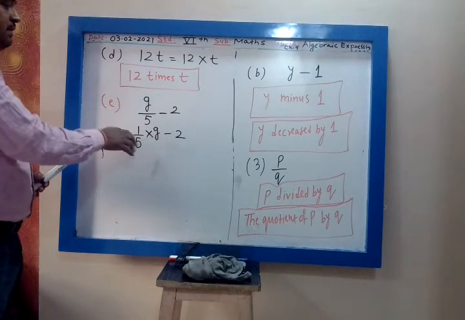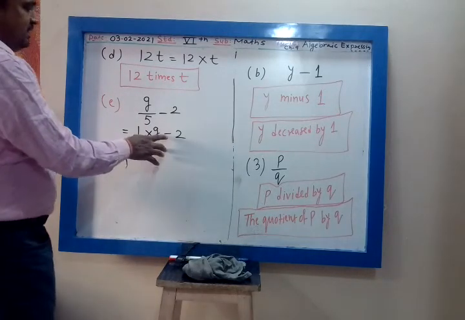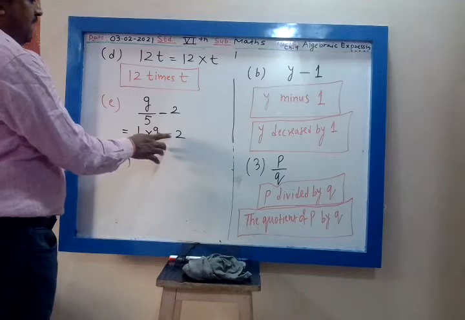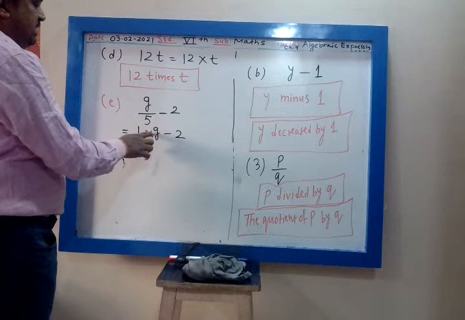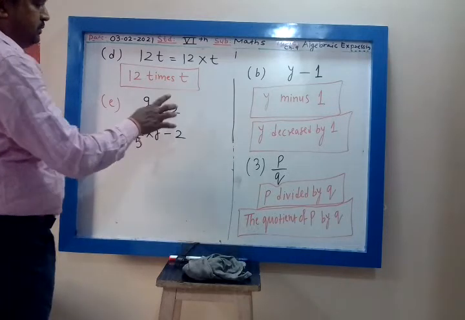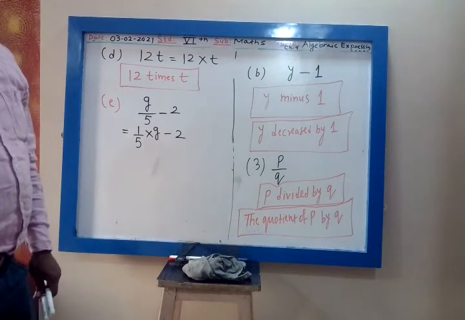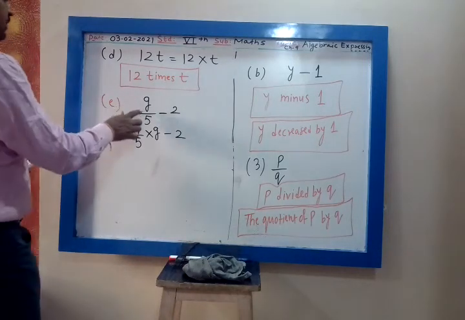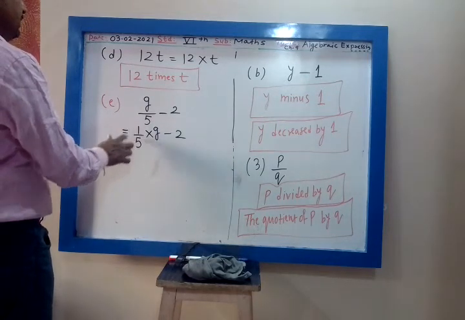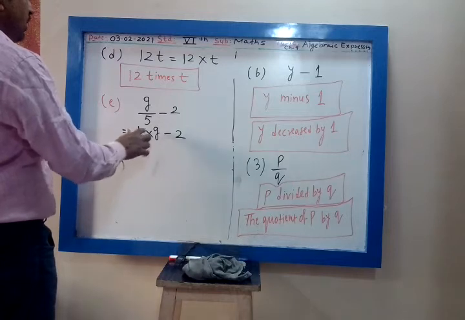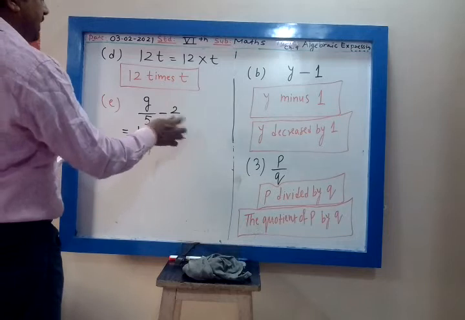Multiplication means of. 1/5 of which number? G. Then minus means decreased. So what we read? 1/5 of g decreased by 2. G upon 5 means 1 by 5 into g. 1 upon 5 means 1/5. 1/5 of g, minus means decreased by 2.